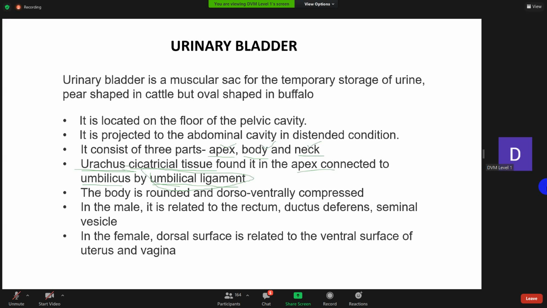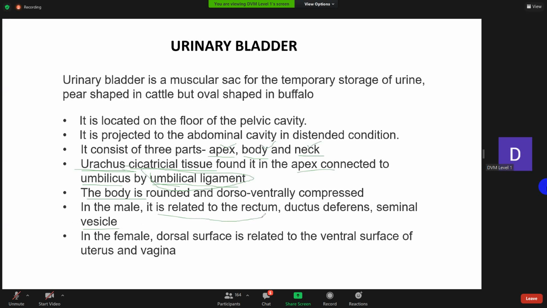Actually, the body is rounded. How is the body? Body of the urinary bladder is rounded almost, and dorso-ventrally compressed. Compressed means chapa. Dorsally and ventrally it is compressed. And in the male, it is related to the rectum, ductus deferens, and seminal vesicle.